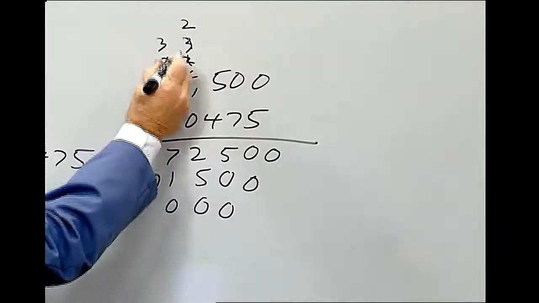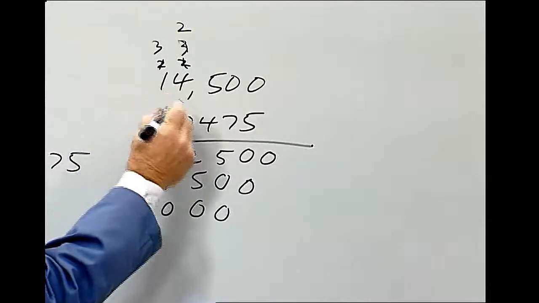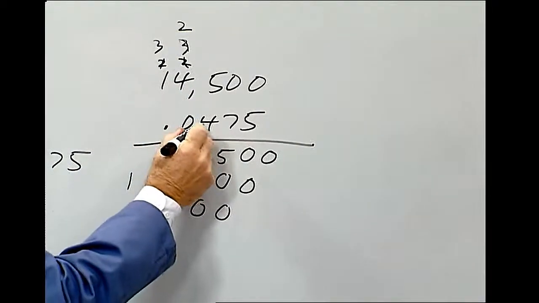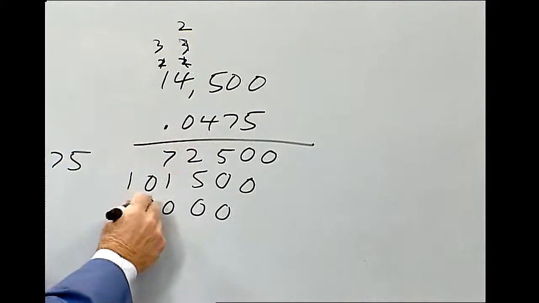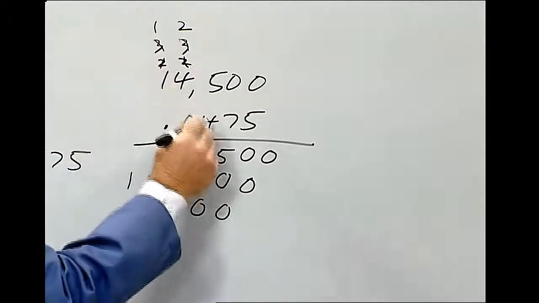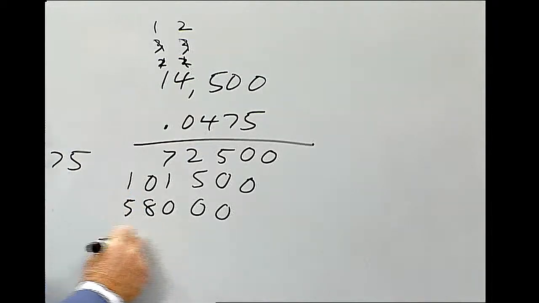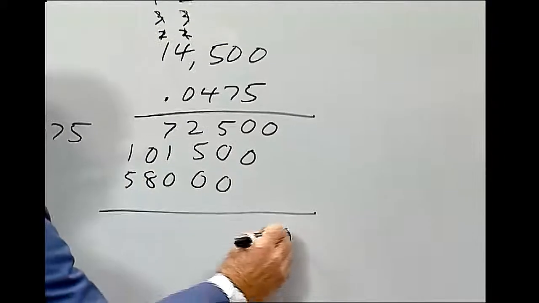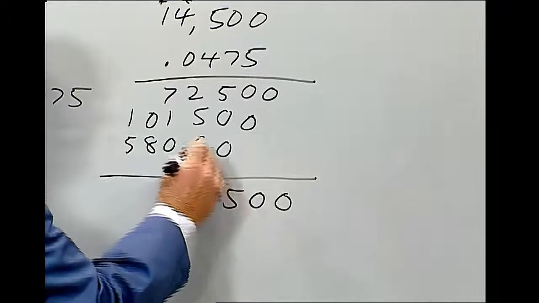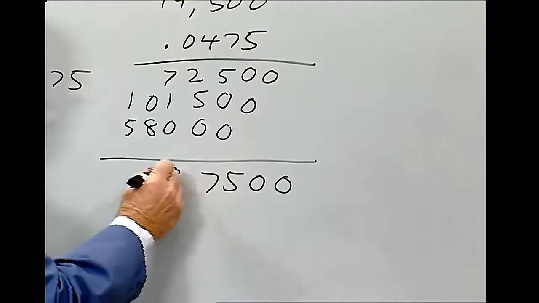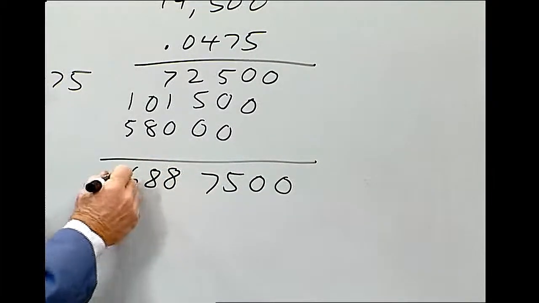Notice you always cross out those numbers on top so you don't get confused. 4 times 4 is 16, plus 2 is 18. 4 times 1 is 4, plus 1 is 5. Let's add these numbers together. 0, 0, 5, 7, 8, 8, 6.